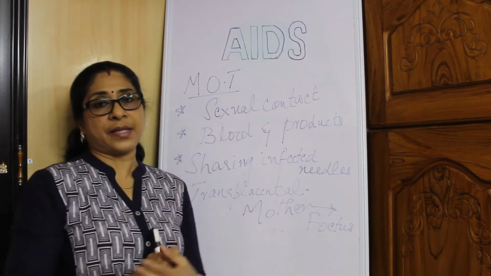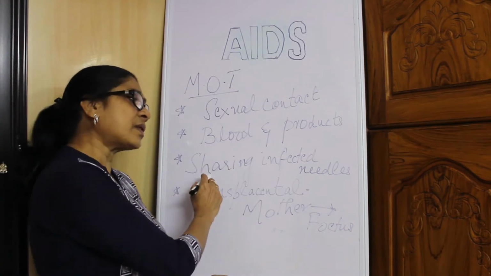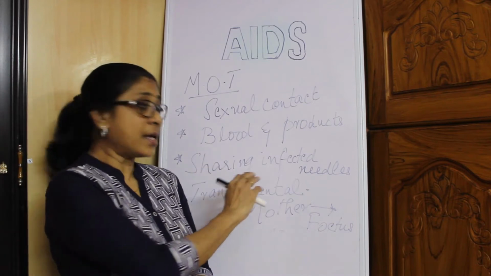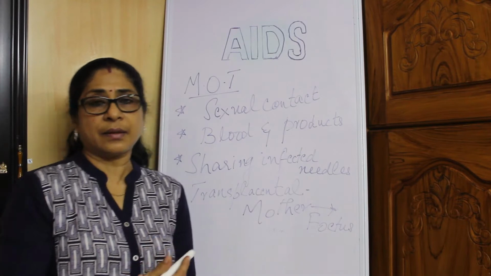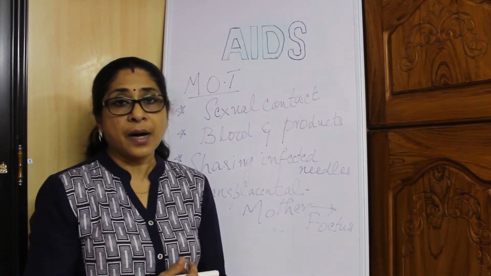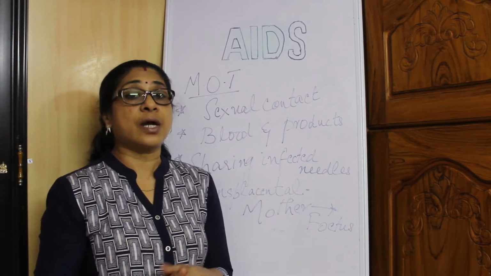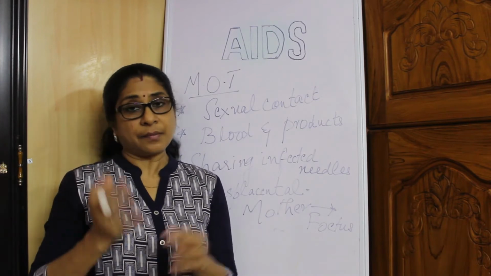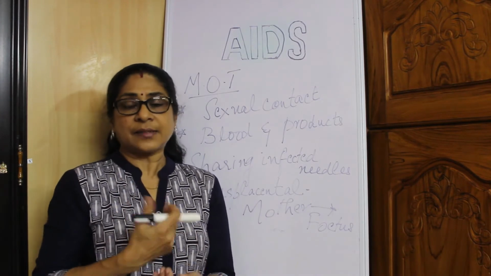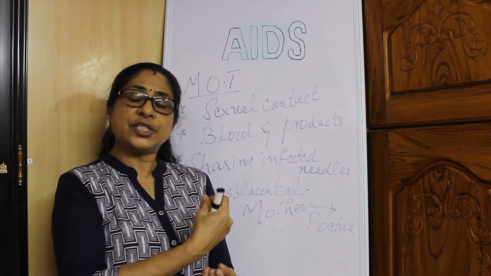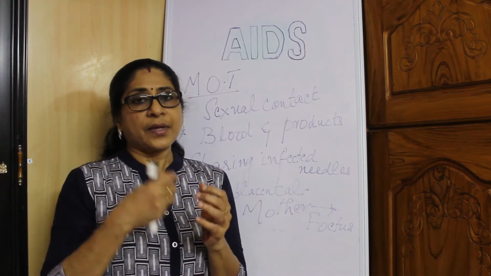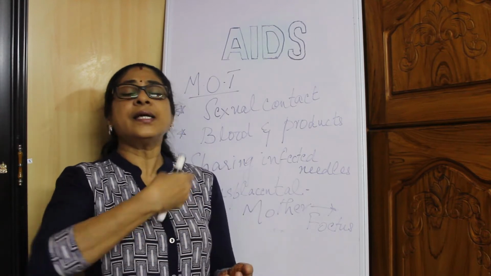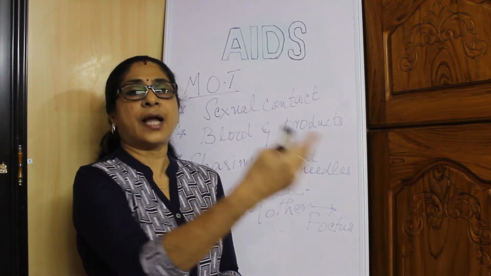The third method of transmission is by sharing infected needles. Now, this is a very common method of transmission seen among intravenous drug users. So, there are some drug addicts who inject the drugs into the body through needles, and the same needle is shared with another person.